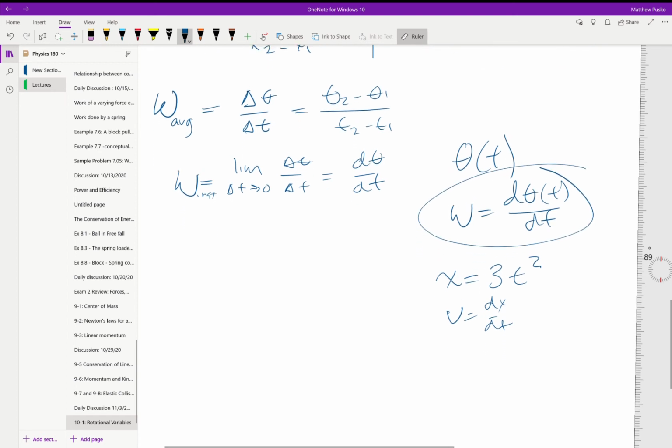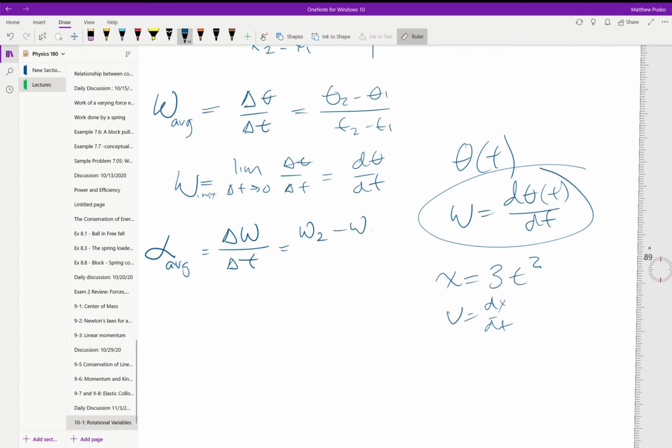And we can take it one step further. Taking it one step further gives us what's called alpha, or the angular acceleration. And our average definition would be the change in angular velocity over the change in time. So we'd have omega 2, or the angular velocity at 2, minus the angular velocity at 1, divided by t2 minus t1. Now, just like acceleration, this gives us a measure of its angular acceleration.